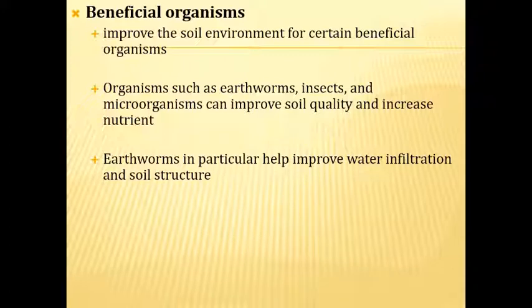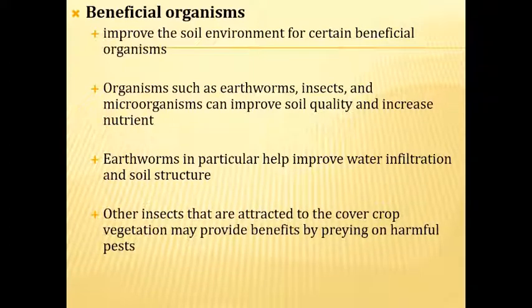Earthworms in particular help improve water infiltration and soil structure. Other insects that are attracted to the cover crops may provide benefits by preying on harmful pests or acting as beneficial insects.